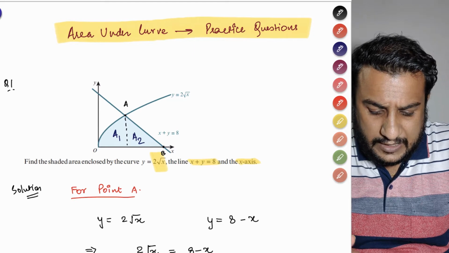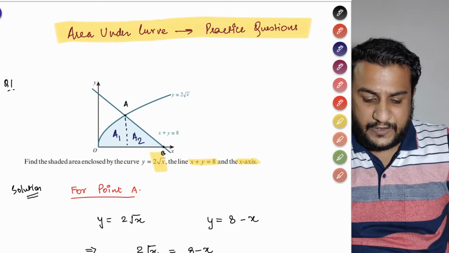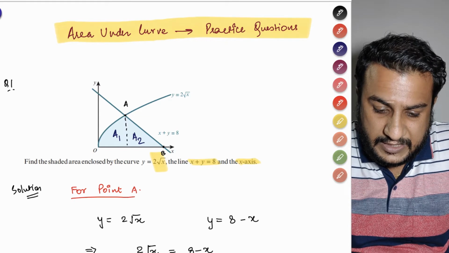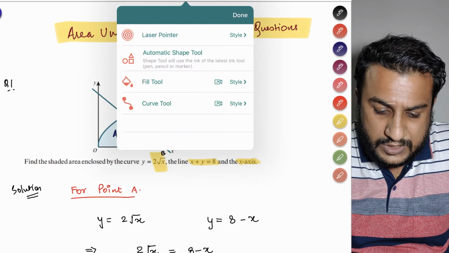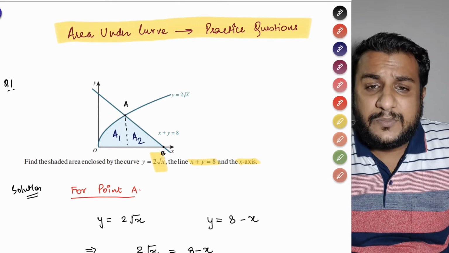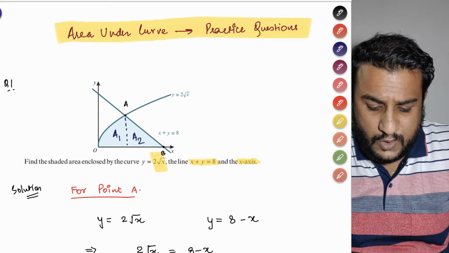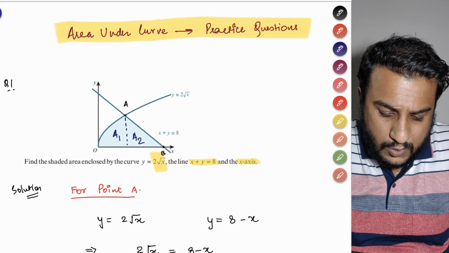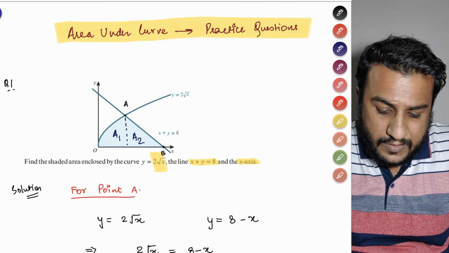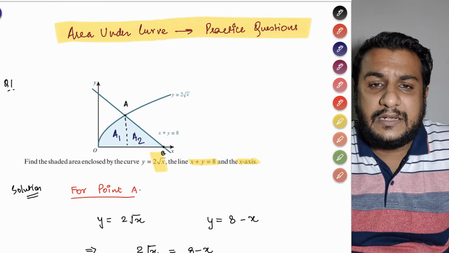It's enclosed by two parts. Let's name the point of intersection A. From O to A the area is under the curve, and from A to B the area is under the line.